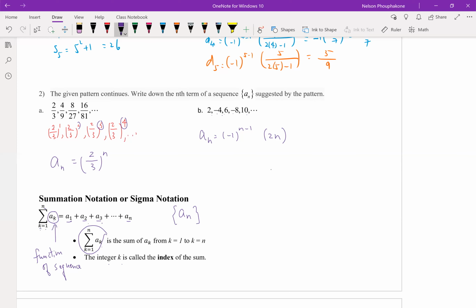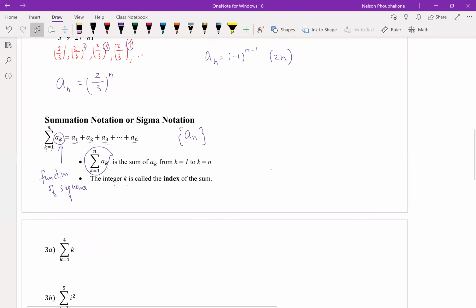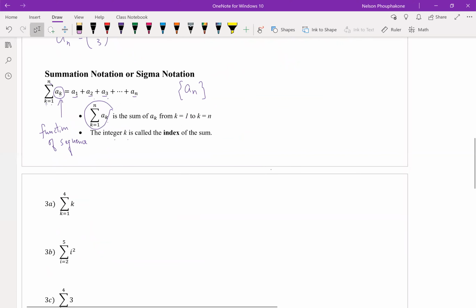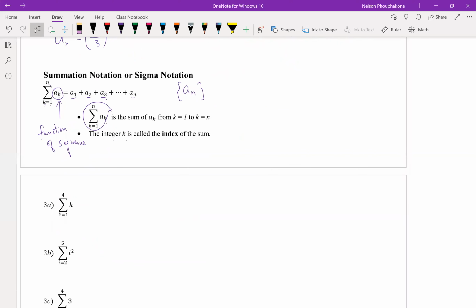Okay, now let us look at our first example. Right now, I have a summation. First of all, I write down k, and this k is from 1 to 4. So the sequence that I have will be 1, 2, 3, and 4.